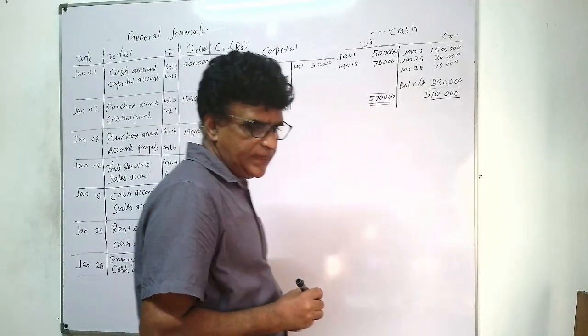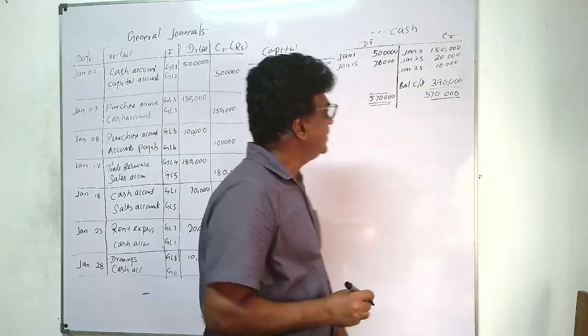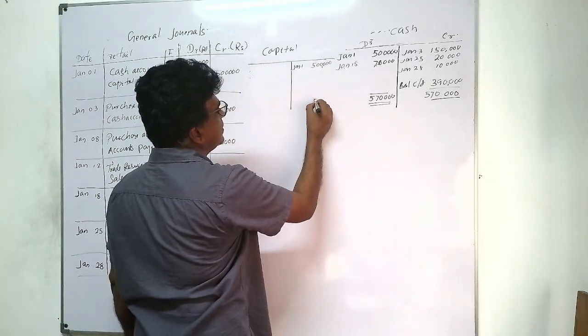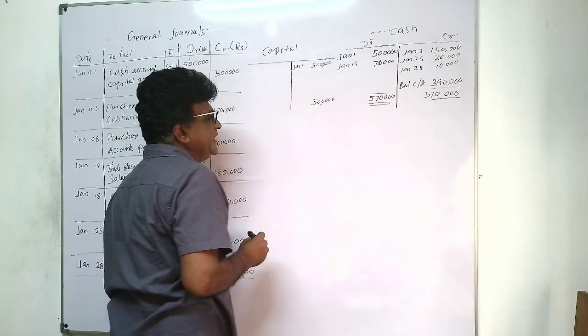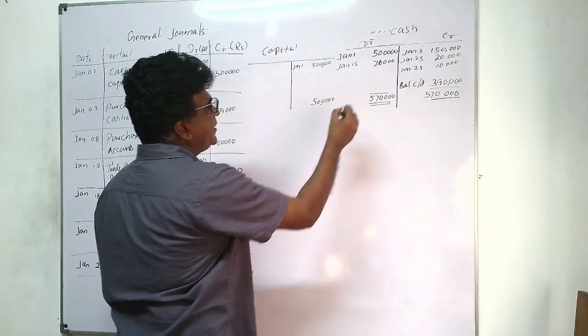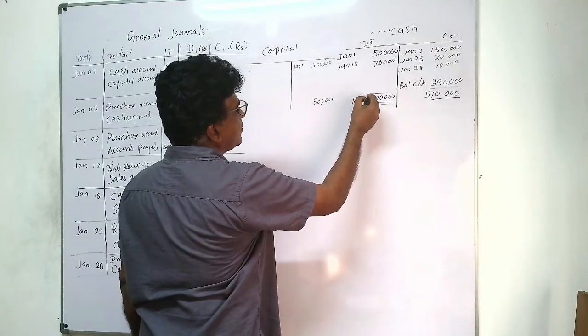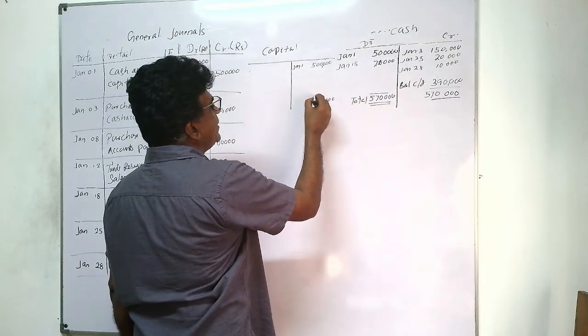Right? That's it. Then the balance is 500,000. After the initial capital investment, there is no other capital investment.